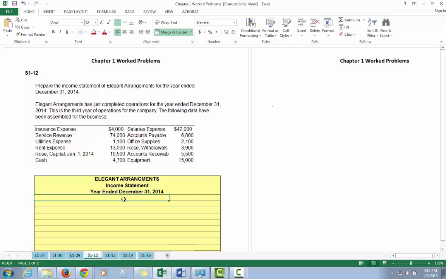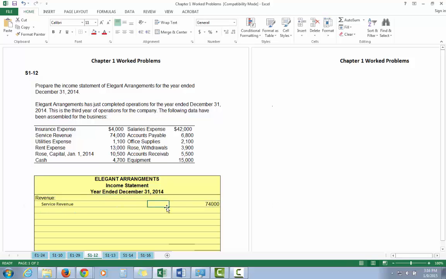So that's our heading. The next thing we're going to do is identify the revenue accounts. We're going to start with our revenue items and list those first. As I'm looking up here, we've got service revenue right here. So I'm going to put service revenue, and it's $74,000.